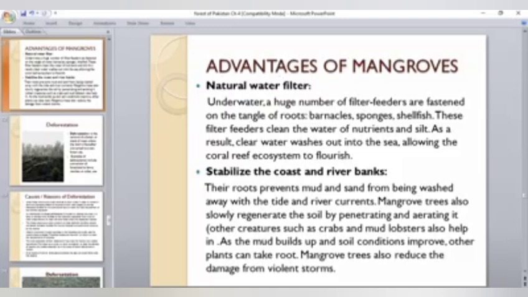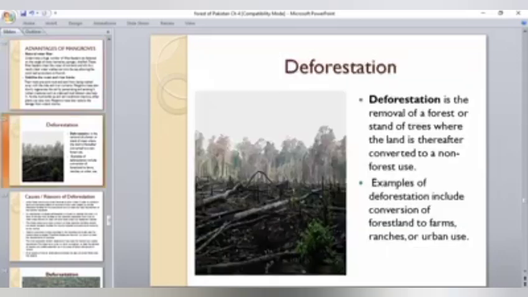Mangrove trees also reduce the damage of violent storms. So they stabilize the coast and riverbank, protecting coastal communities and areas from eroding away, because the roots of the trees hold the soil strongly and prevent it from blowing away or flowing away with the tides.